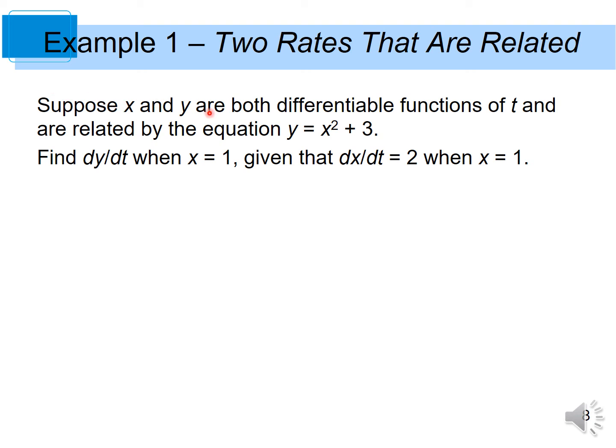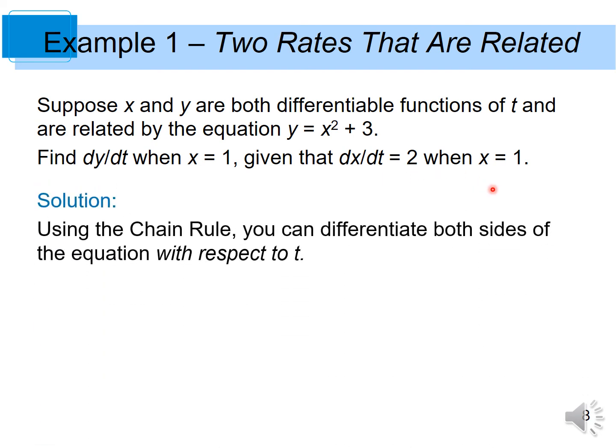Suppose x and y are both differentiable functions of t and are related by the equation y = x² + 3. Find dy/dt when x = 1, given that dx/dt = 2 when x = 1. Using the chain rule, you can differentiate both sides of the equation with respect to t.